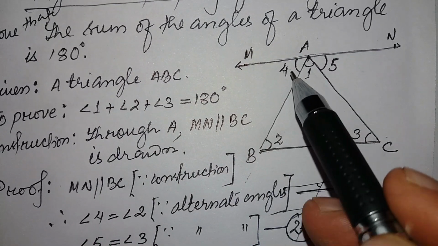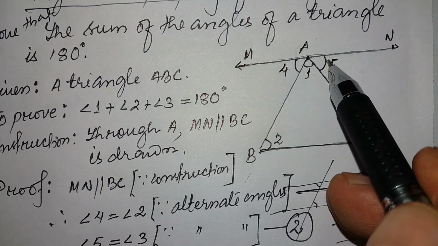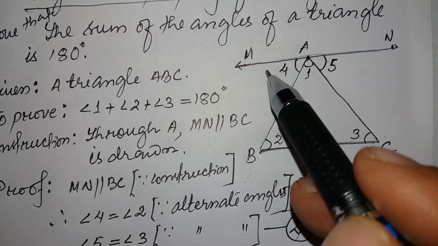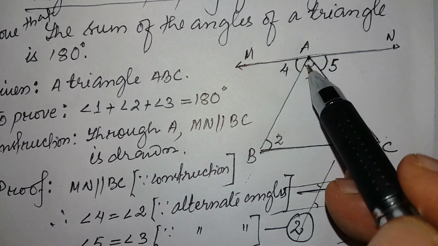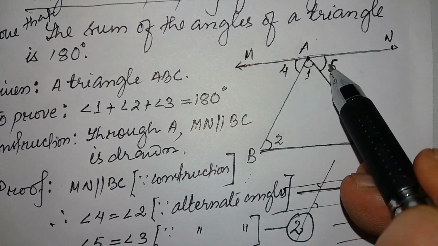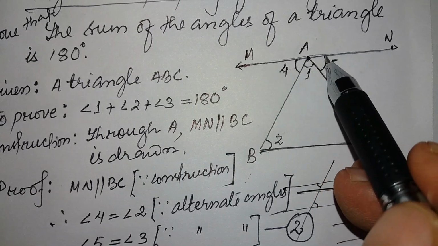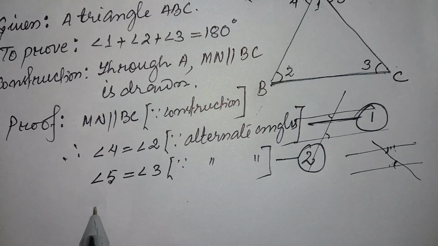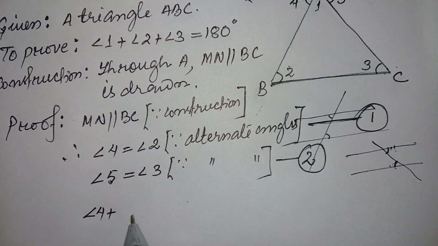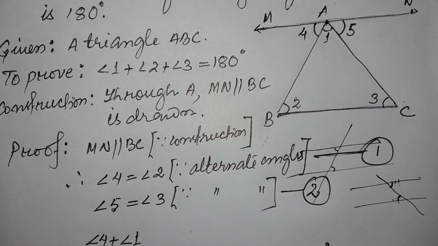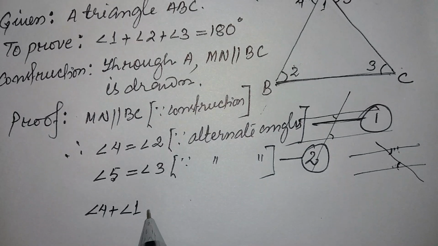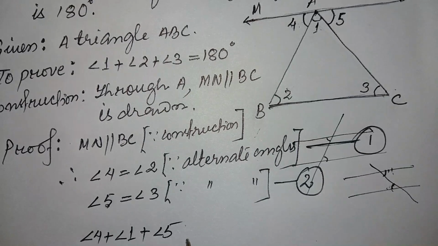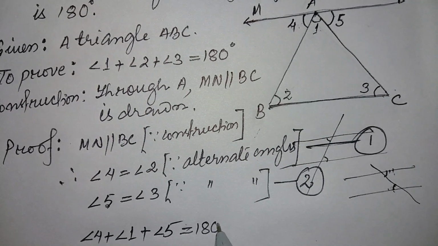Now this angle 4, angle 1 and angle 5, these are on this straight line. So these are angles on a straight line. So this is a straight line and we have 3 angles here. Now if you add these 3 angles, then you will get 180 degree. So angle 4 plus angle 1 plus angle 5 is equal to 180 degree.